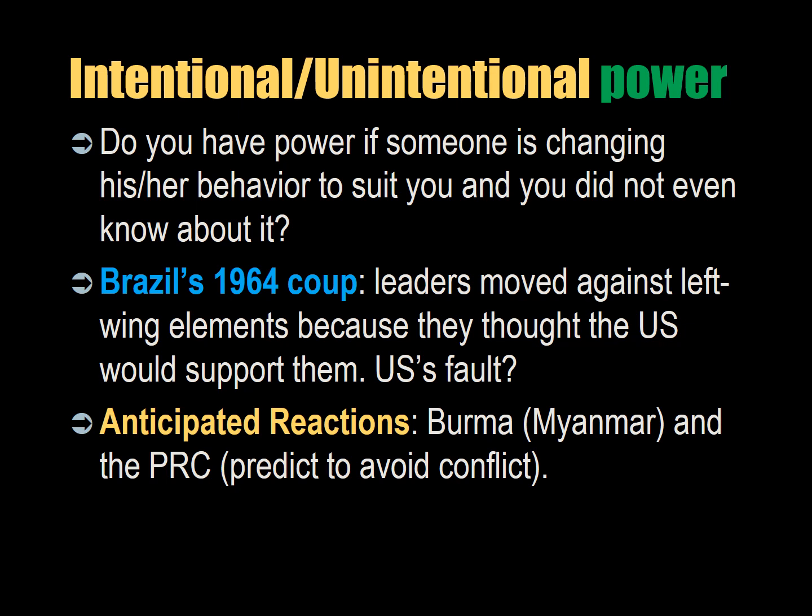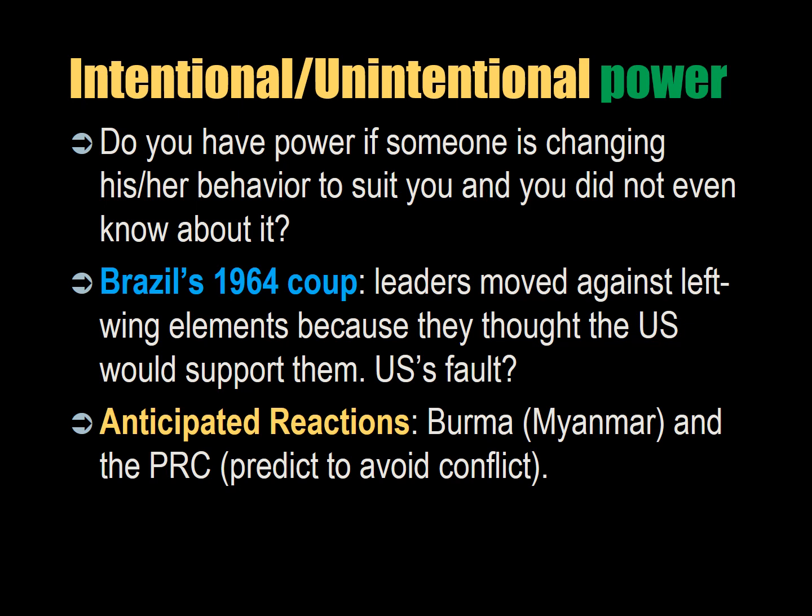Now the US, of course, was not at all pleased with the outcome. While the US was anti-communist, it was also very supportive of democracy and only supported authoritarian governments when it seemed that there was no likelihood that democracy would survive. But in Brazil, democracy was not under threat from communism. So, did the US's position constitute power?